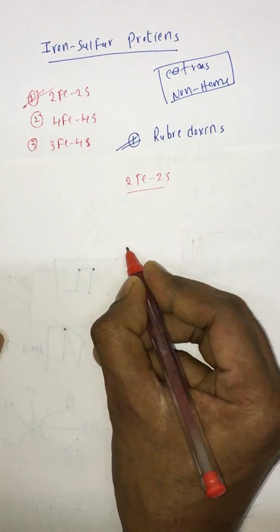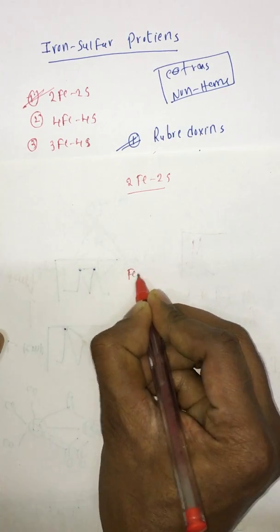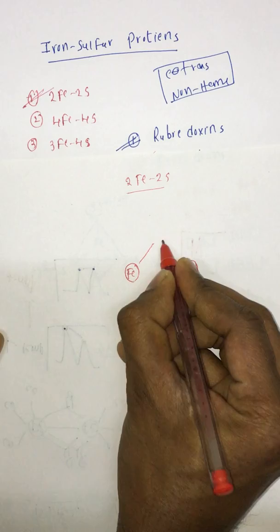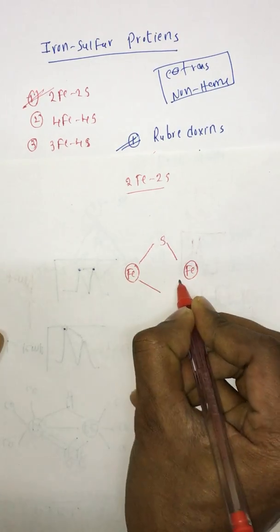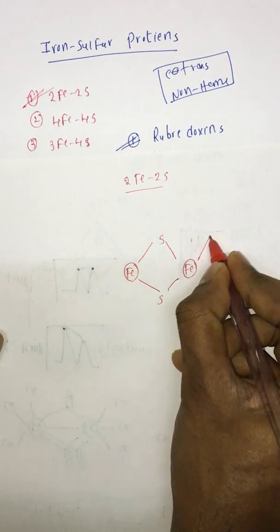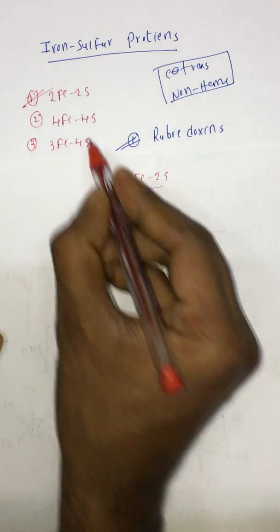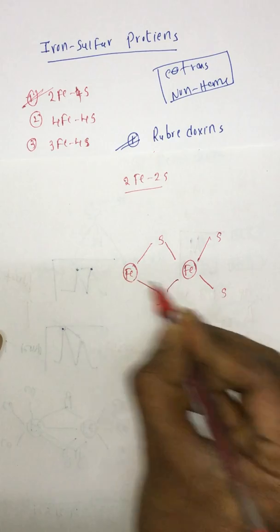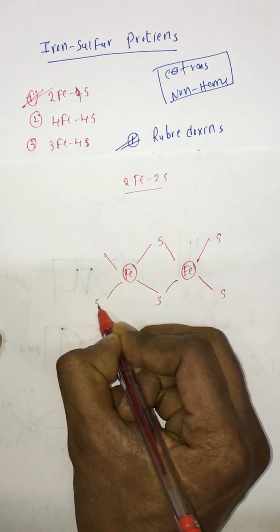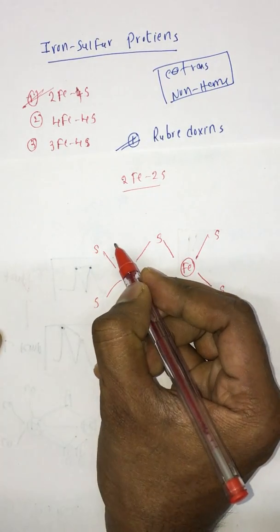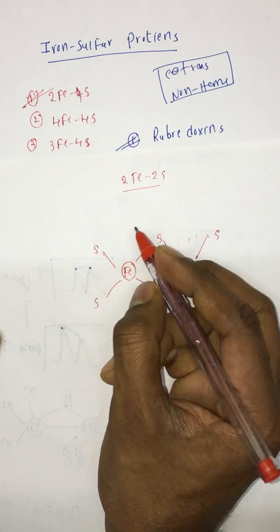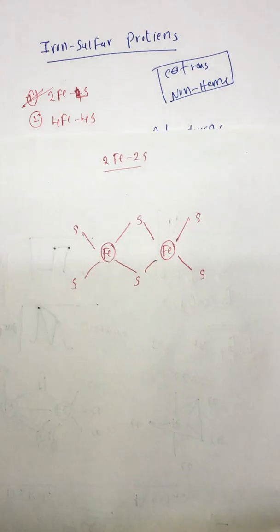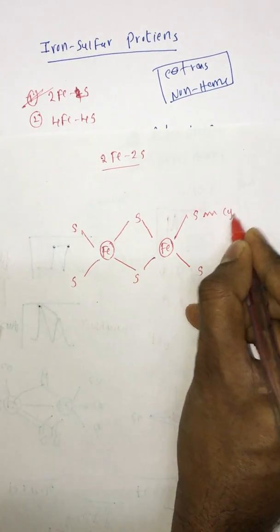Here, 2 iron atoms are attached to 2 sulfur units, so this is the 2Fe, 2S system. This is attached to cysteine.